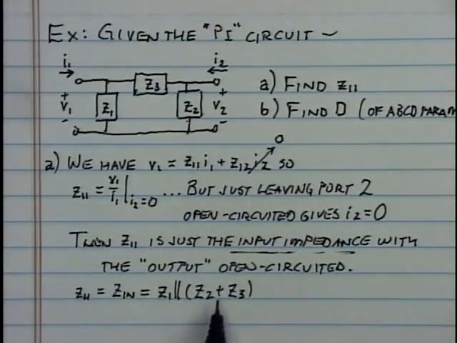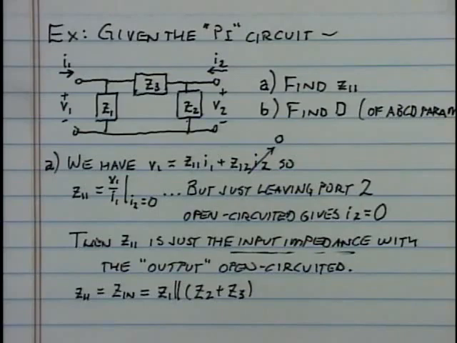The plus sign represents a series combination. You just add the two impedances to get the impedance of the series combination. The double vertical slash there represents parallel combination.